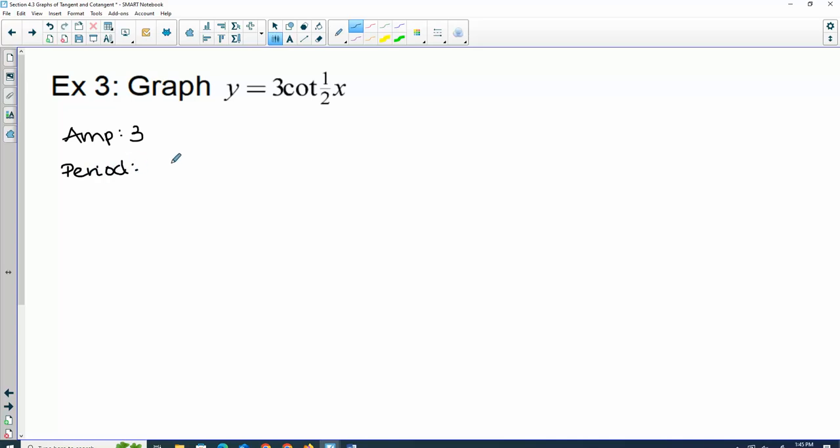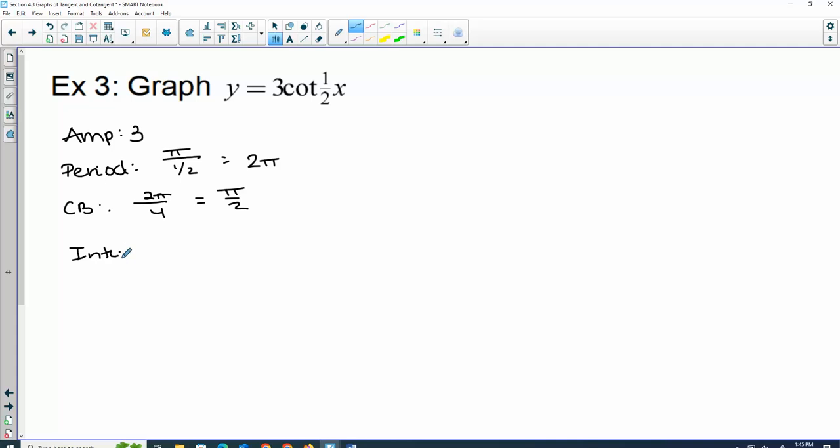Period: the normal period for tangent and cotangent is pi divided by the number in front of x. So pi divided by 1/2 is 2 pi. Count by takes our period, divides it by 4. We get pi over 2.